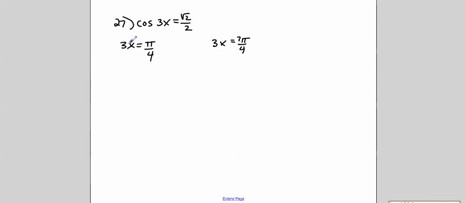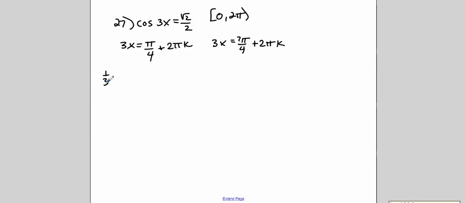Now, whenever you have multiple angles, a 3x, a 2x, a 4x, there are going to be extra solutions even on this small interval of 0 to 2 pi. The way you find them is to write this as a general solution plus 2 pi k, and then you multiply by 1/3 to eliminate the 3.